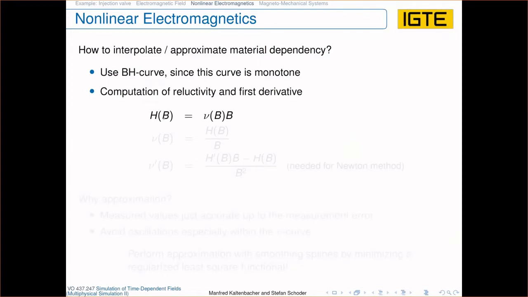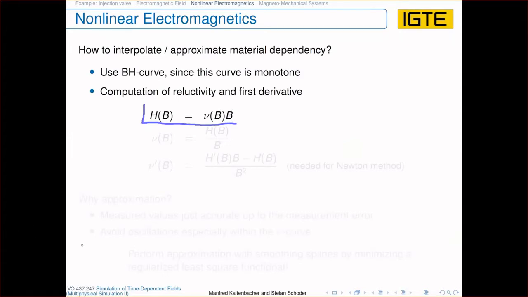We do it as H as a function of B because we have a partial differential equation for the magnetic vector potential. When we have solved it, we get B via the curl of the magnetic vector potential. So it makes sense to use exactly this relation, that H is equal to the reluctivity as a function of B times B.